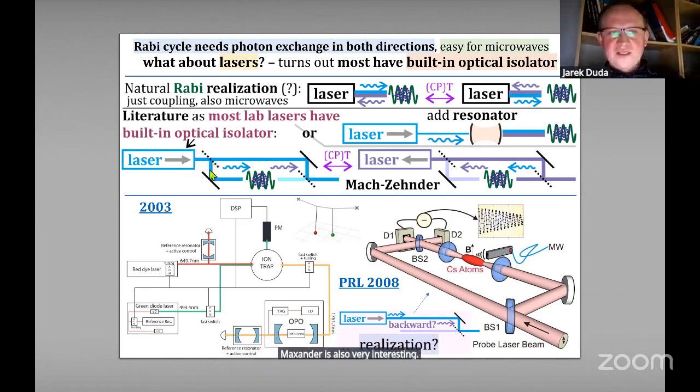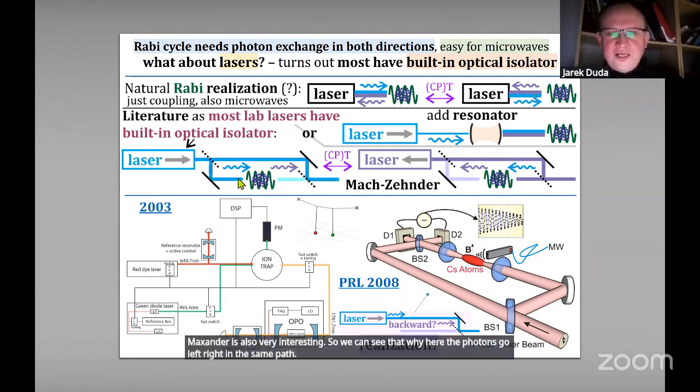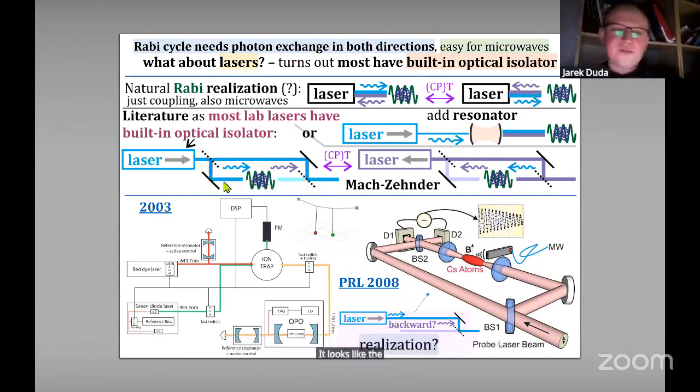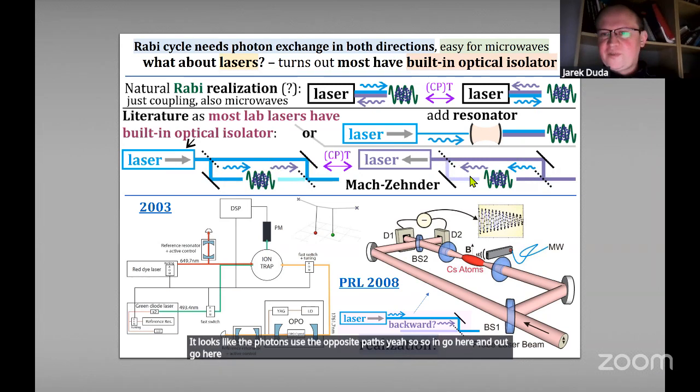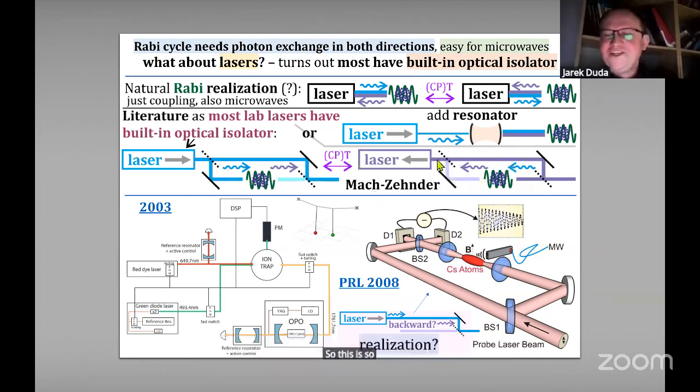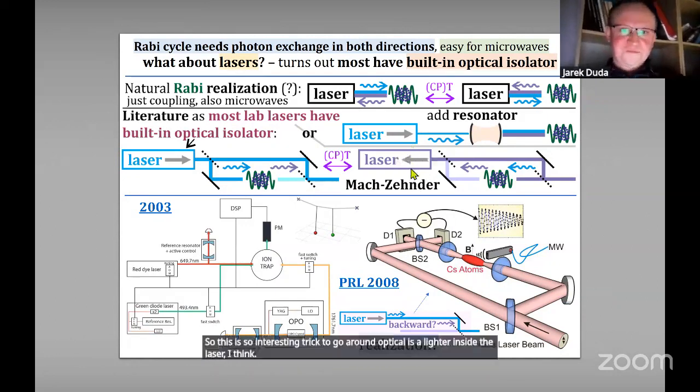We can see that while here the photons go left and right in the same path, it looks like the photons use opposite paths. So in goes here and out goes here, and from the CPT perspective the opposite. So this is an interesting trick to go around this optical isolator inside the laser, I think.